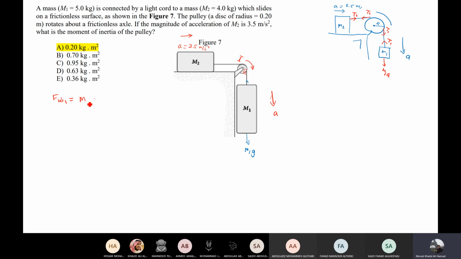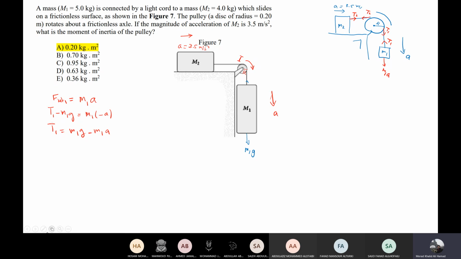Okay, M1 has acceleration, but the acceleration is downward, so the forces we have are T1 minus M1G equal to M1 times minus A. Or we can say that T1 is equal to M1G minus M1A.